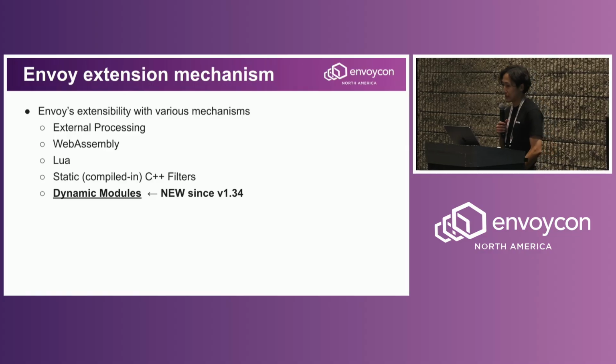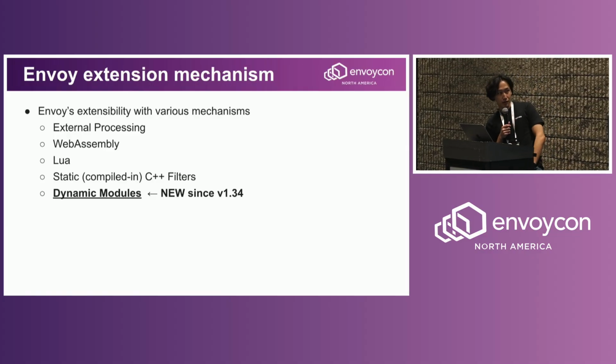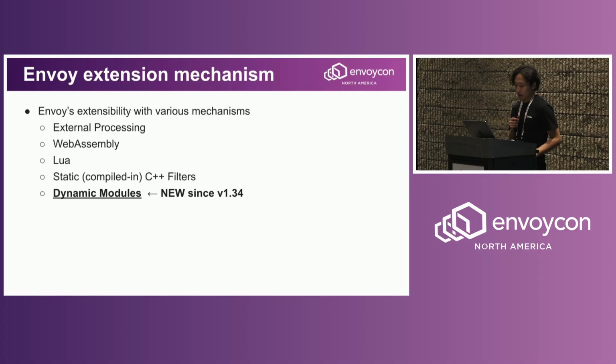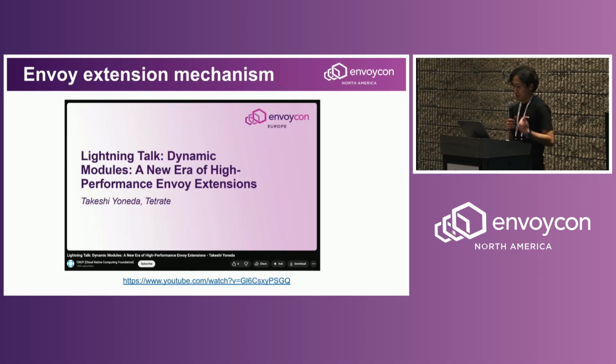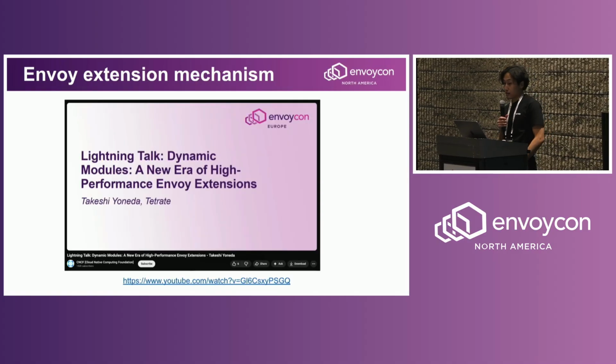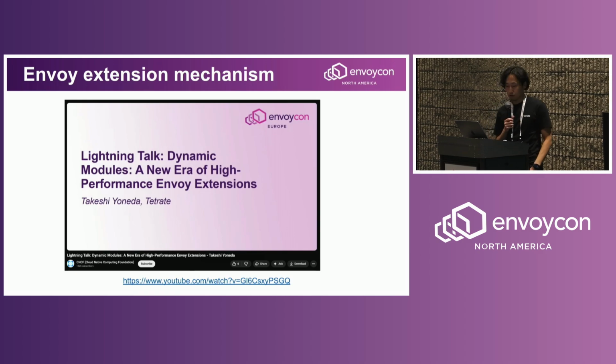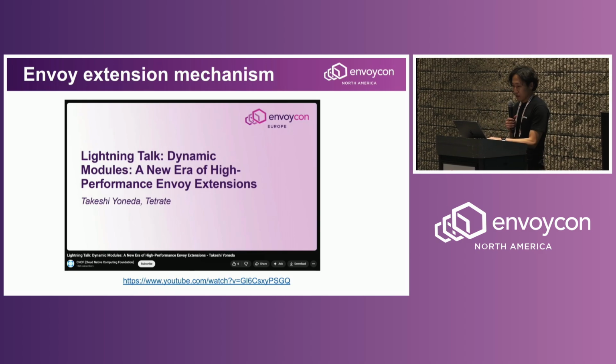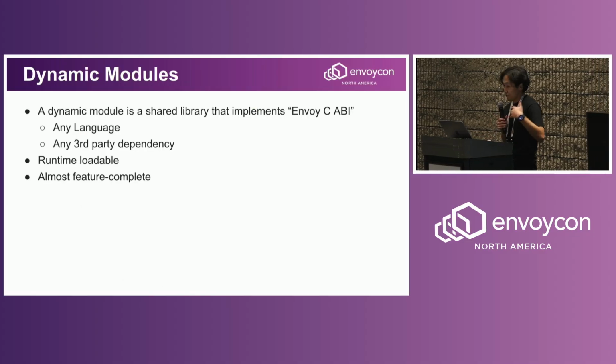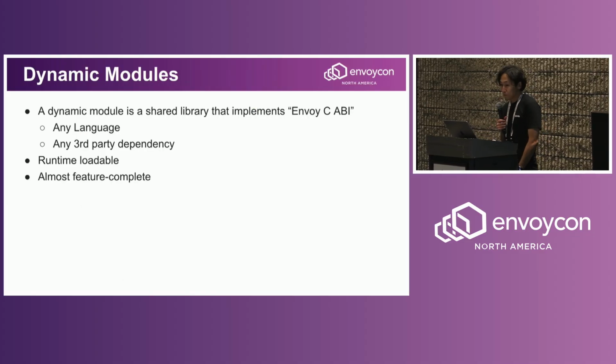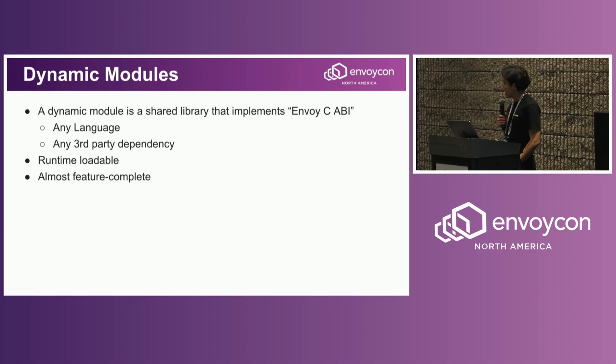I think it was released in April, in 1.34, and I did a talk on this exact topic at the last EnvoyCon Europe. So feel free to check it out if you are curious about it. But let me do some recap on dynamic modules just in case. It is a shared library.